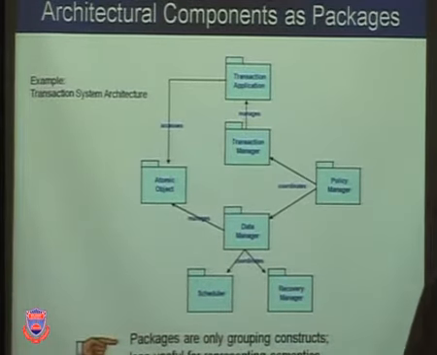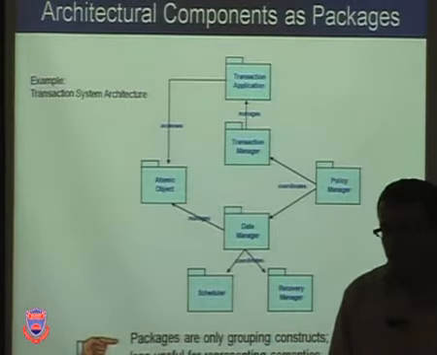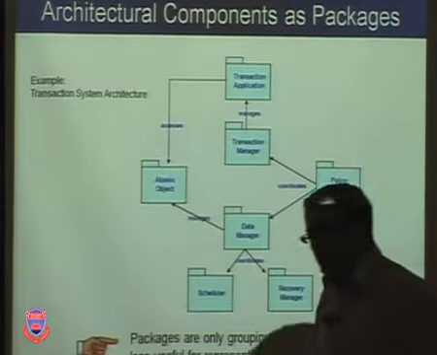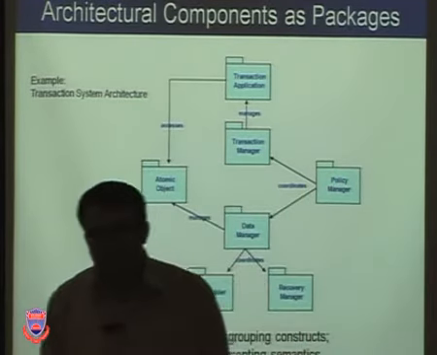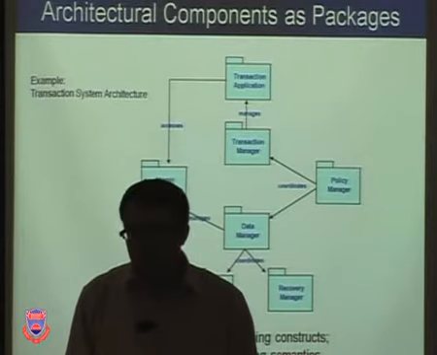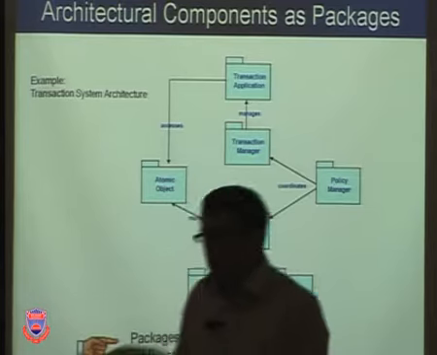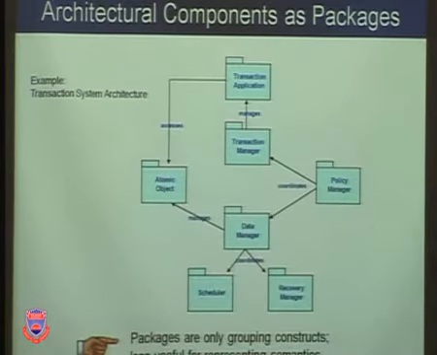But we said, okay, architecture is not just structure, right? It can also have semantics. We might need to define the operations, attributes, constraints, etc. And for that, using packages to represent architectural components in general is not sufficient.